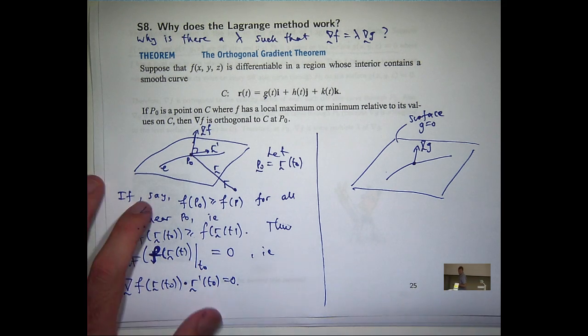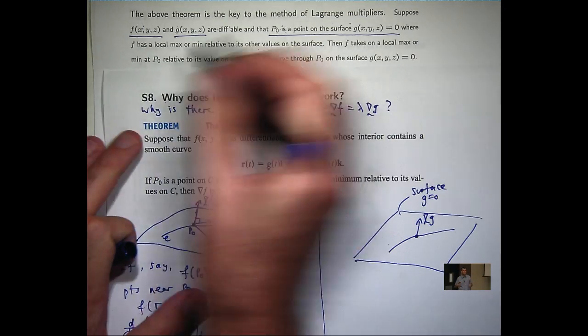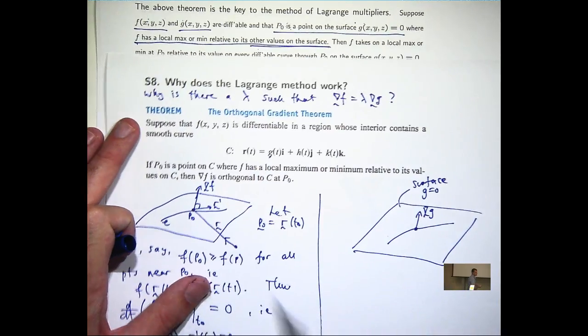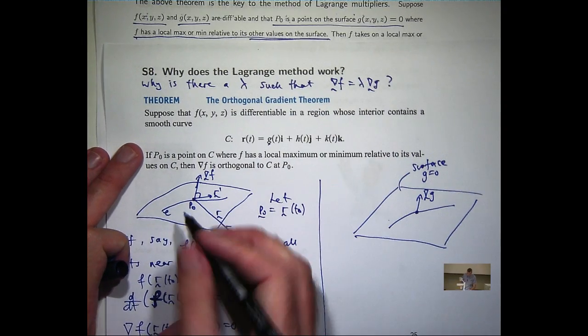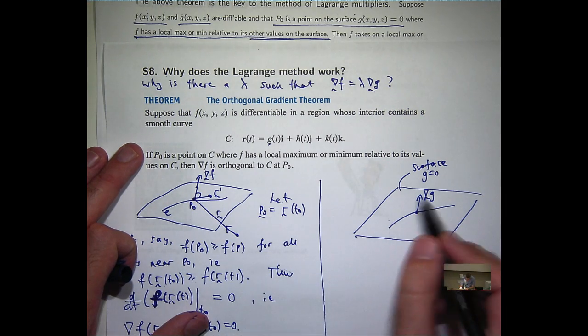The gradient will give you a vector that is normal to the surface. Now, if f has a local max or min relative to all other values on the surface, it's got to have a relative max or min to all other lines that go through the point here. Okay, so I can just draw as many lines as I want.